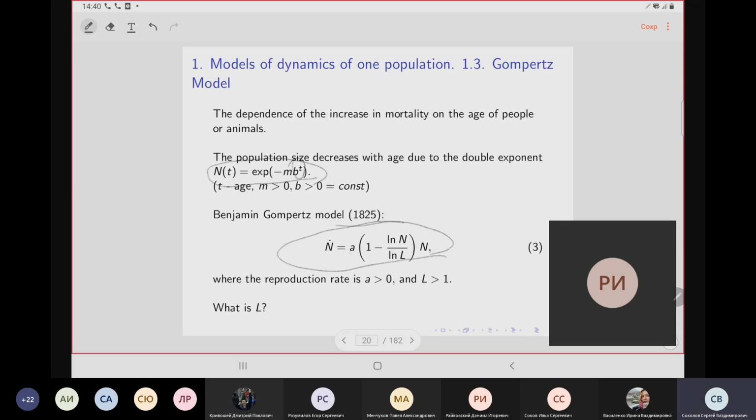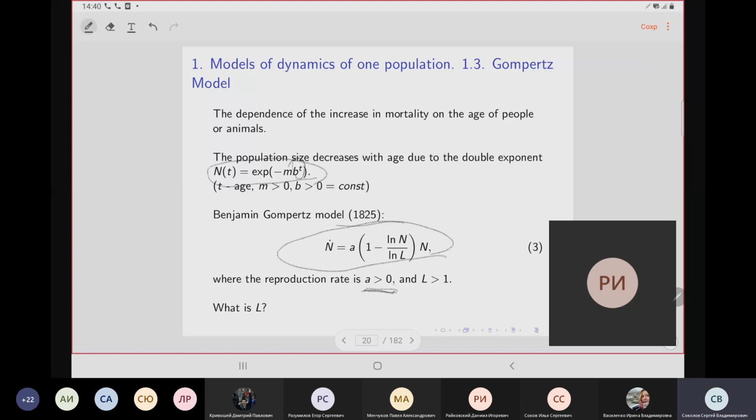A in this equation is our reproduction rate. It is the same as in Malthus. Usually it is considered as the average number of children in the population.